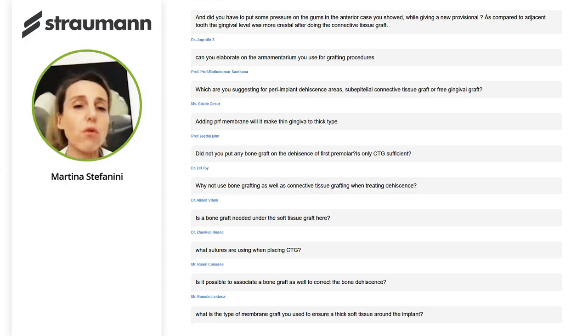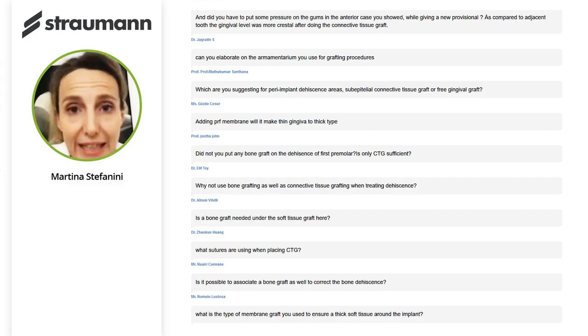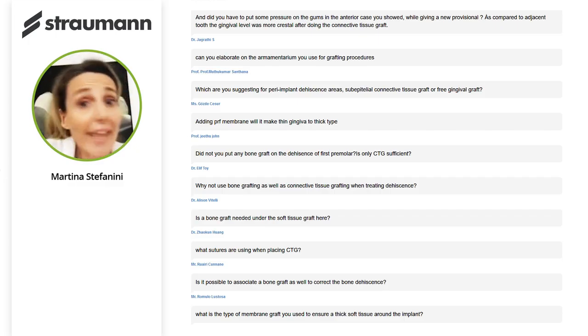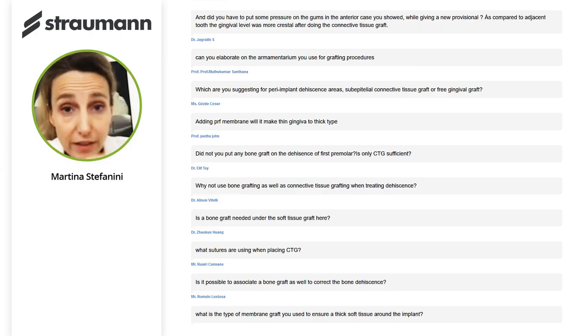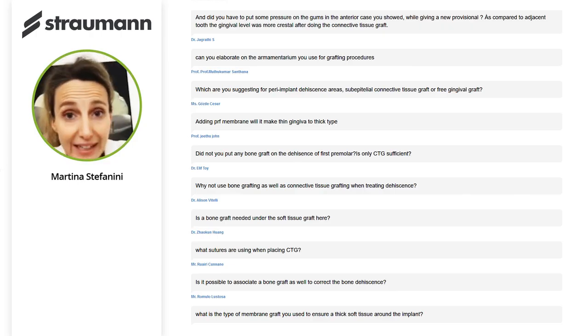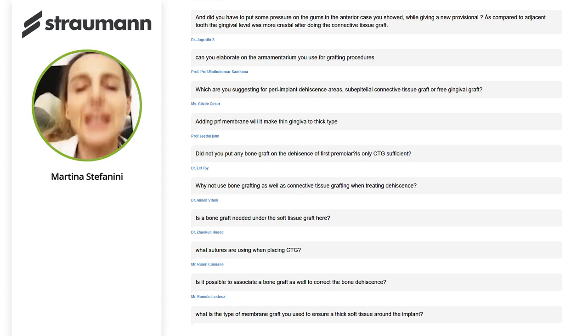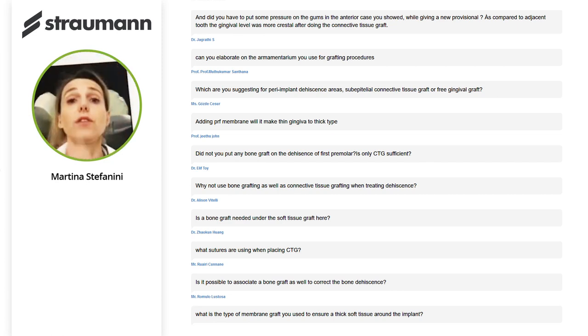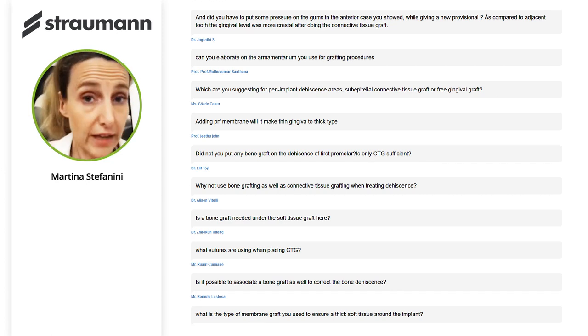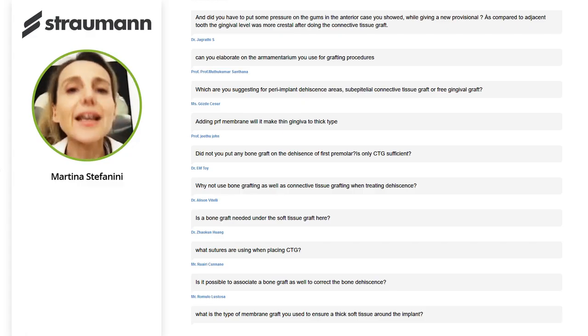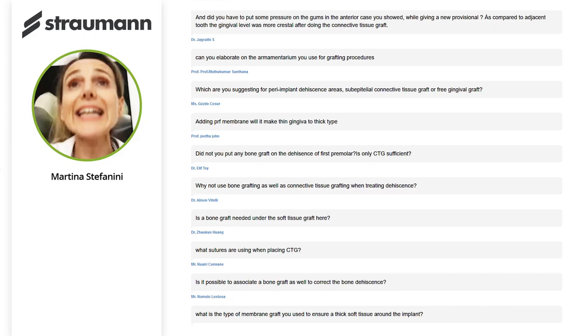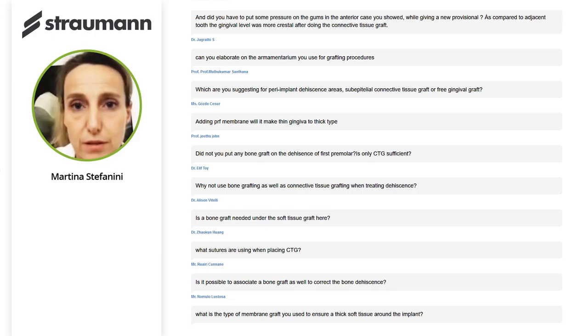So if you have to perform a trapdoor technique or L-in-C or HELT technique or envelope technique, you have to elevate the flap and then remove the remaining connective tissue graft. And in most cases, you don't have enough thickness. And if you don't have enough thickness of connective tissue, you harvest fatty and glandular tissue. And fatty and glandular tissue during the healing will shrink.